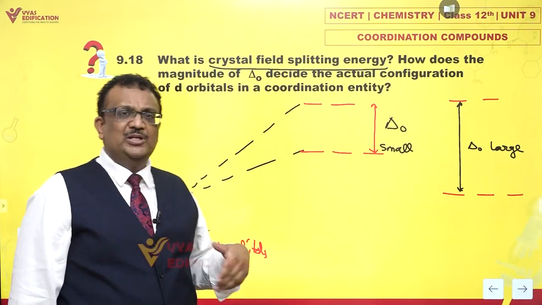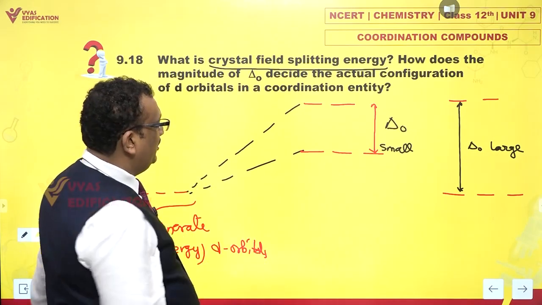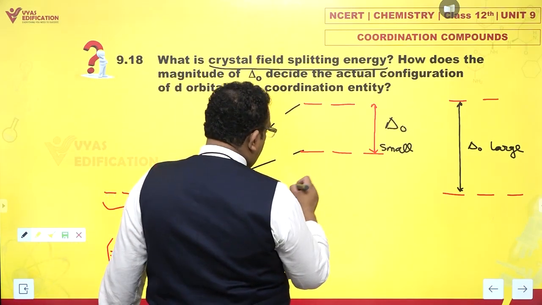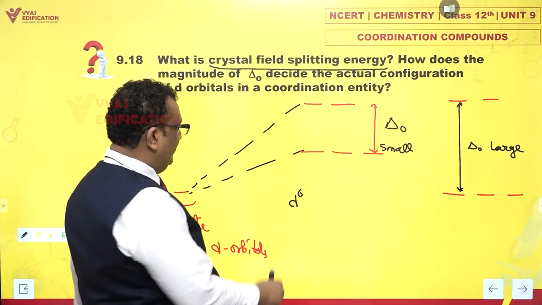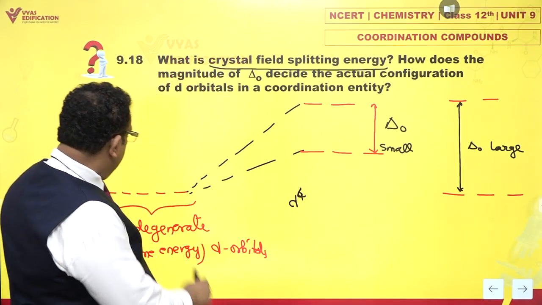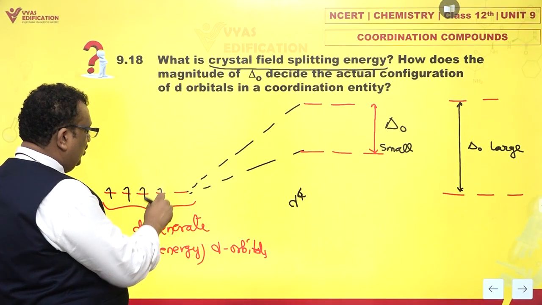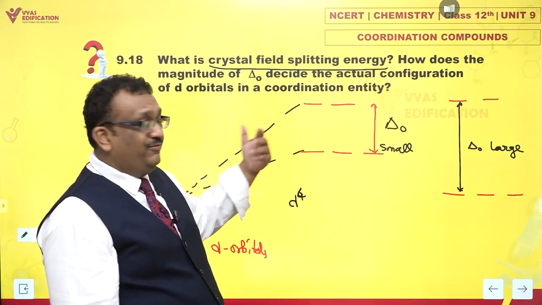Say you have a complex. I'm just giving an example to explain that. Let us start with d4, it will be much simpler. You have a d4 configuration, that means 1, 2, 3, 4. You had 4 electrons initially, and after splitting also you should have 4.